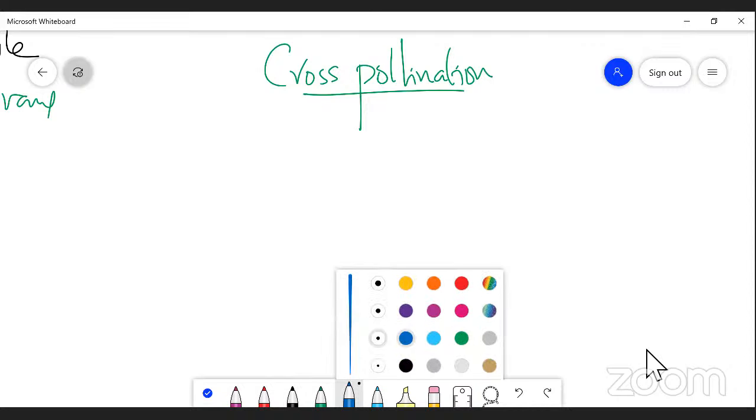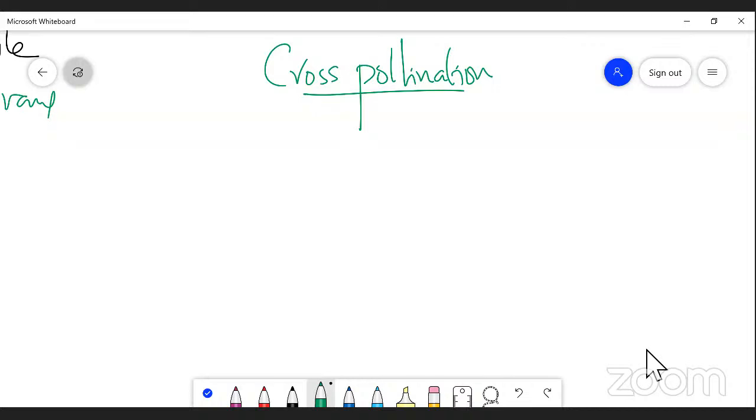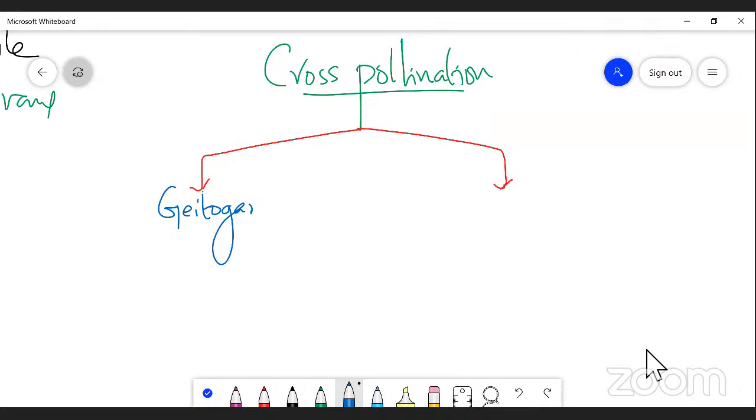It can be explained by the following types. The first type is geitonogamy and the second type is xenogamy.